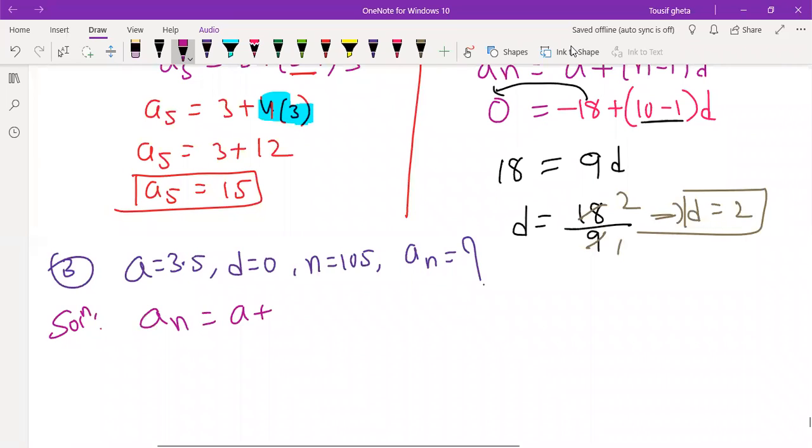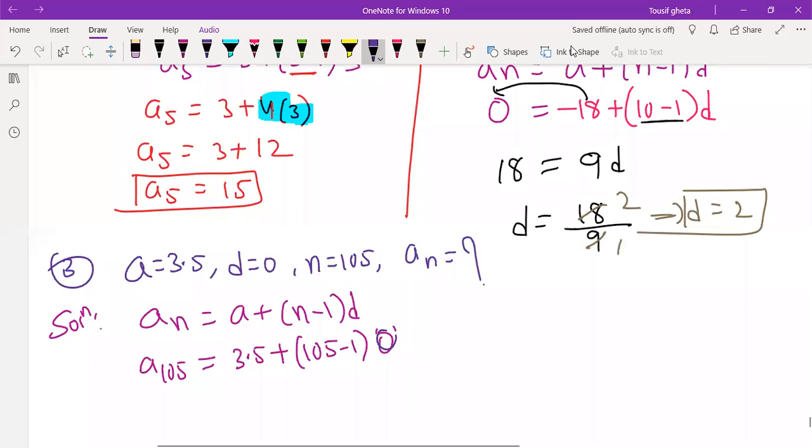a plus n minus 1 into d. An is what we don't know, but n is 105 they gave. So a is 3.5 and n is 105. 105 minus 1 into d, and d is 0. Here only the answer will come, because d is 0, right?